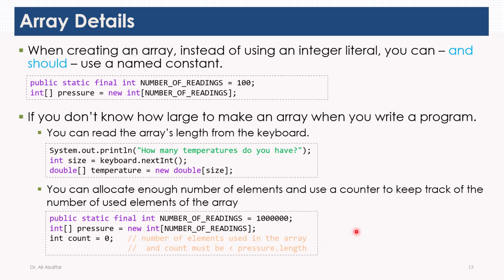But be careful when you do this, because when you keep incrementing count and exceed the limit of the allocated elements in the array, then your index will be out of bounds. Therefore, when you create a loop for reading numbers followed by a sentinel, not only do you put a condition for testing for the sentinel, you also test that the number of elements entered by the user should not exceed the number of elements that you used in the declaration of your array.